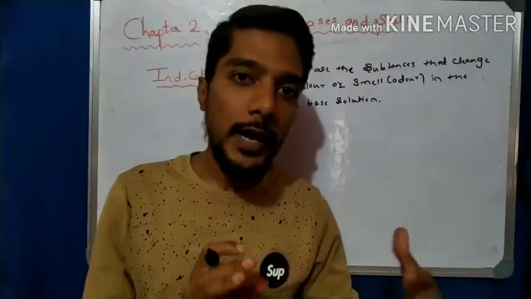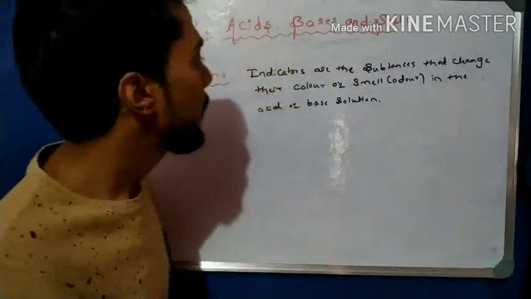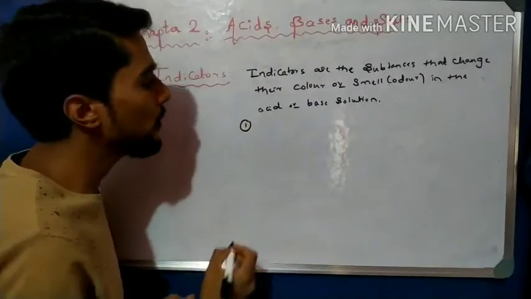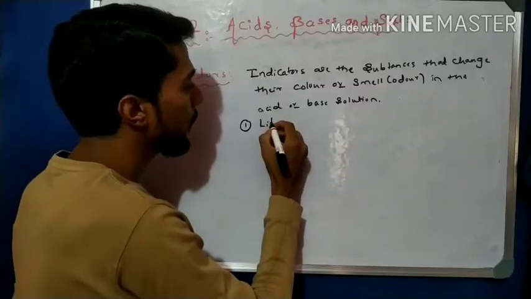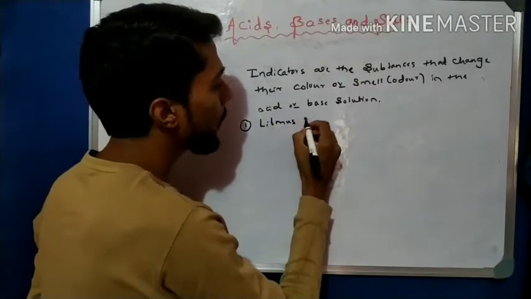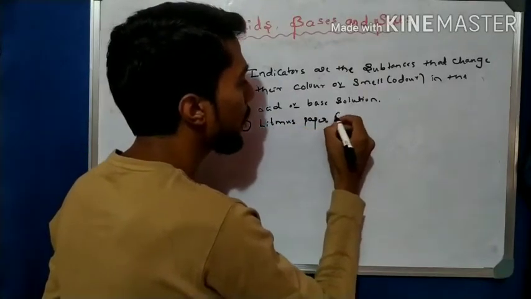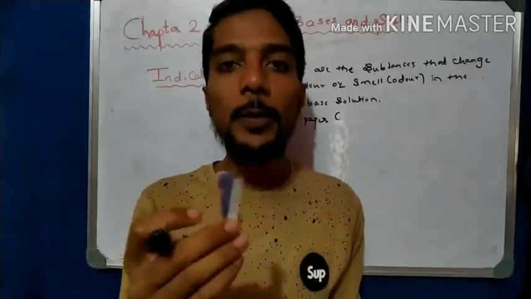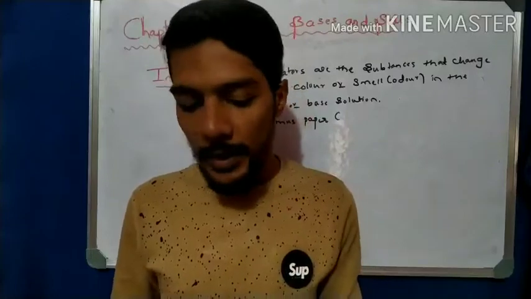Now come to the examples of indicators. One example which is very easy and familiar to us is litmus paper. We know that there are two types of litmus paper, one is blue litmus paper and one is red litmus paper.